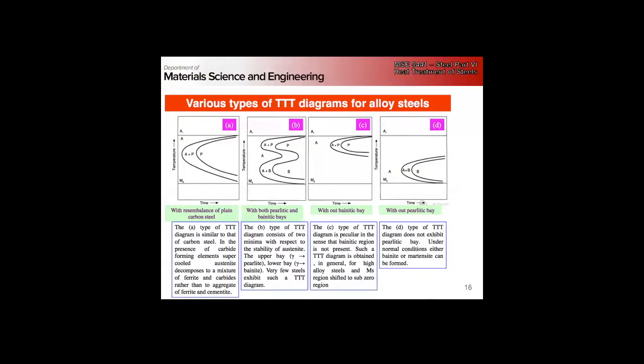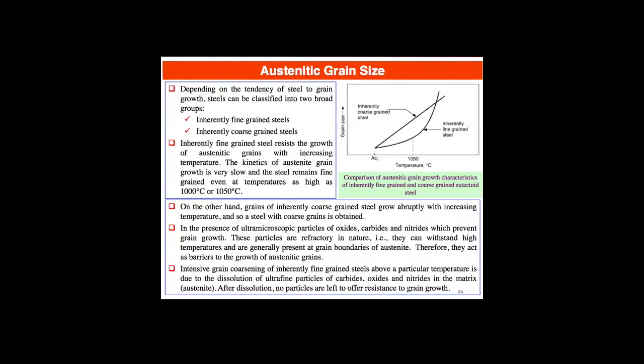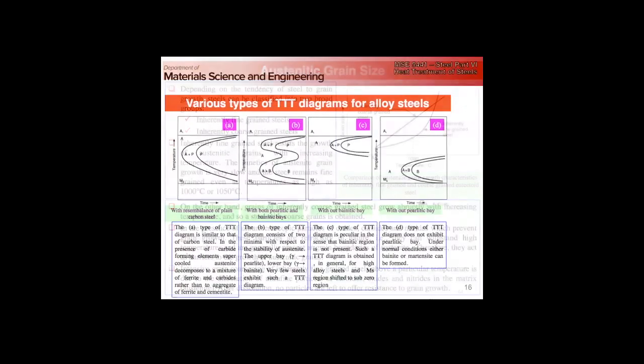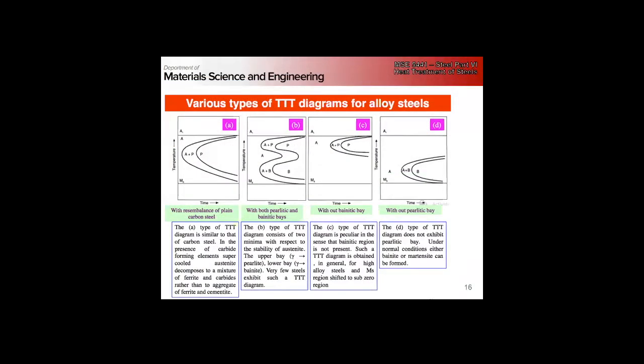Okay. So we talked about the TTT diagram for carbon steels a lot, for just iron carbon. Once we have alloying elements in there, we have a couple different ways our TTT diagram can look, right?